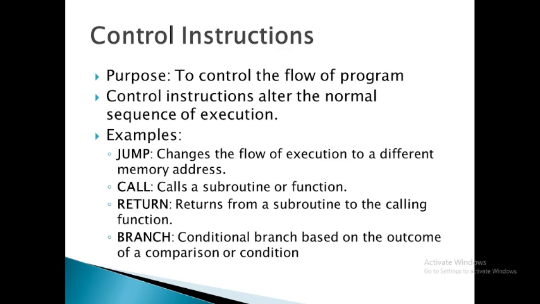We have call, which calls a subroutine or calls a function. We have return, which returns from a subroutine to the calling function, and branch, which is based on the outcome of a comparison or a condition.